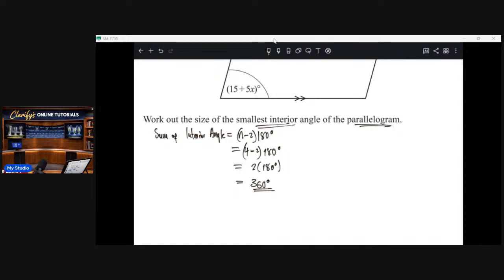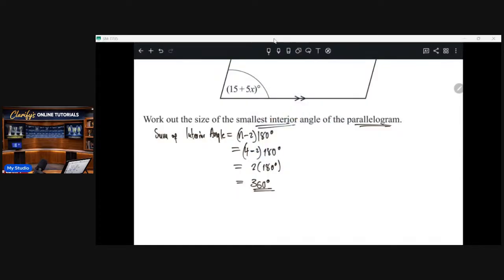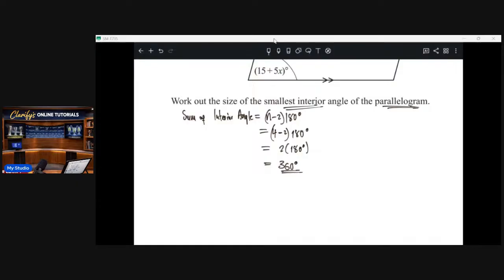Now we want to know what second property we should use about opposite angles in a parallelogram to then find the missing value. So I want you to write in blue. Can you see? Now we are dealing with the opposite angles in a parallelogram.